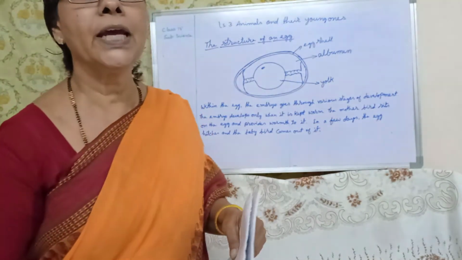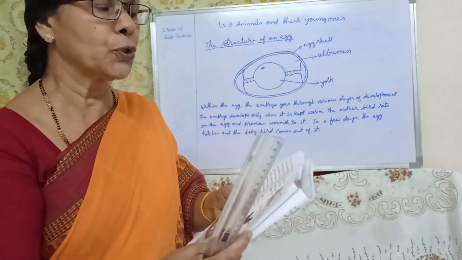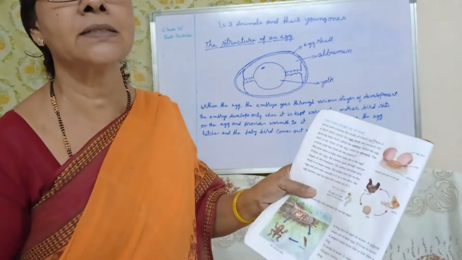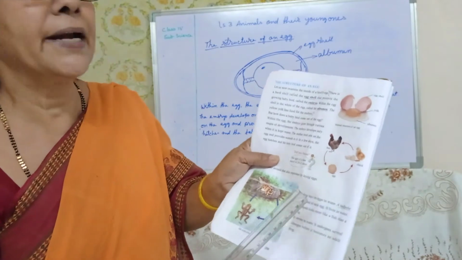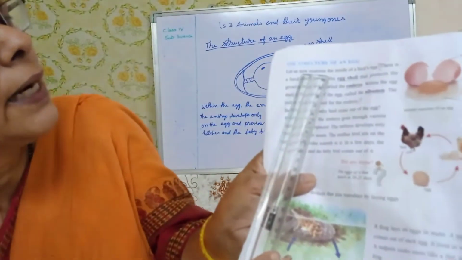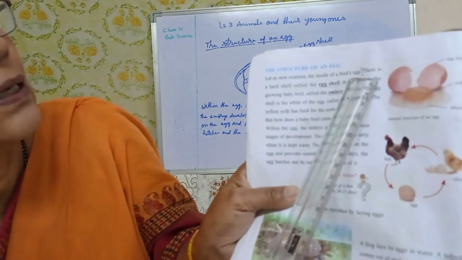All of you keep your textbook in front of you and look at me. I will also show you the textbook, page number 206. I'll read this out. Look at this. Let us now examine the inside of a bird's egg.